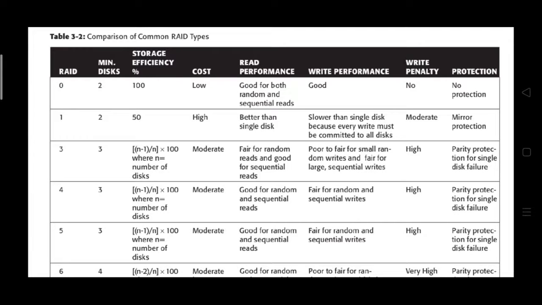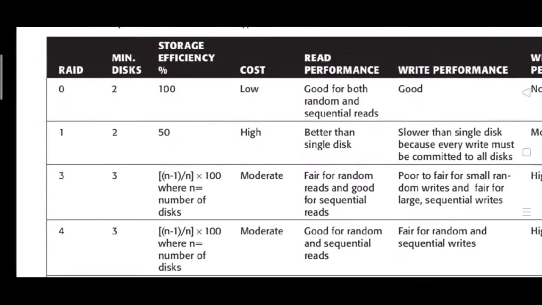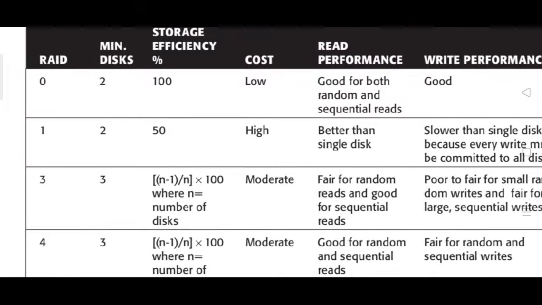Yes, here is the comparison chart of different RAID levels. If you study and remember this table, it will be easy for you to answer any question based on RAID. It contains everything, like the minimum number of disks required. For RAID 0, how many disks are required to implement it?